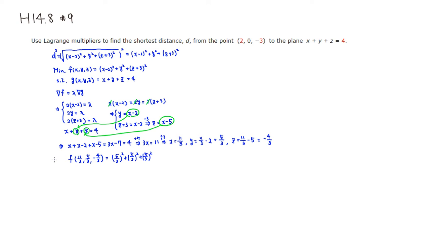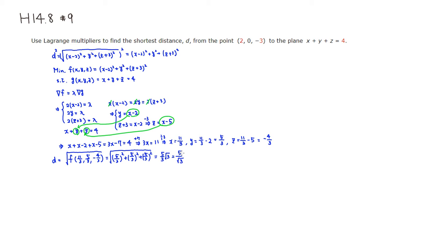Since we're looking for the distance d, it's the square root of all this. We can pull out the 5 over 3, then you have 3 of those, so a square root of 3, which cancels out, so you have 5 over square root of 3.